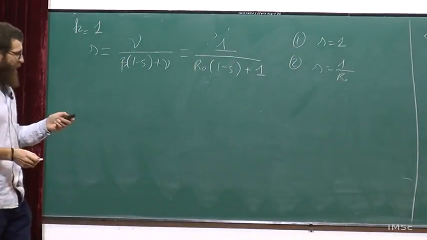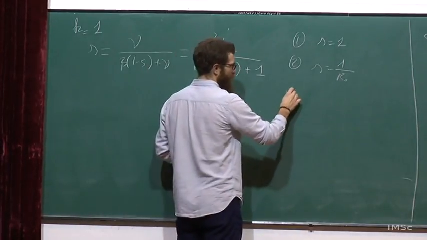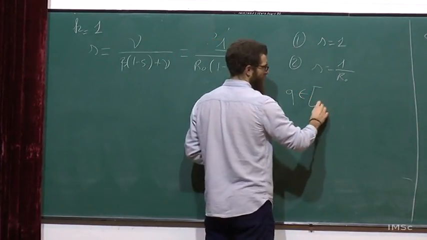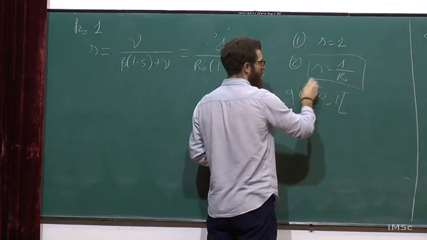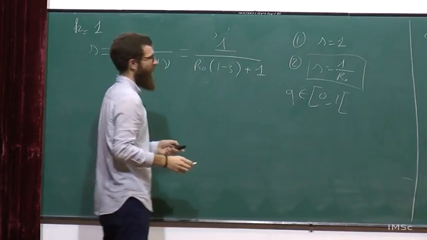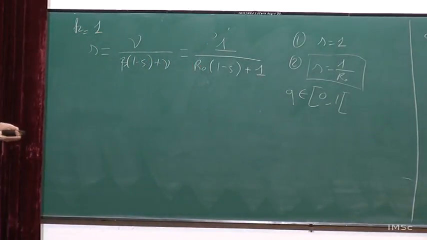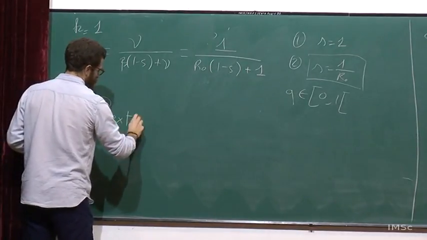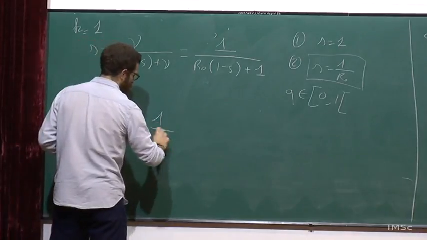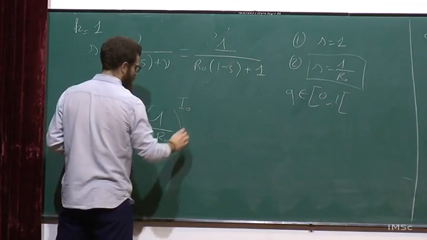And because I'm considering the root, the solution, so that it's between 0 and 1 excluded, that's my q, 1 over R naught. So in the simple exponential distribution, the extinction probability is equal to 1 over R naught to the power I0.